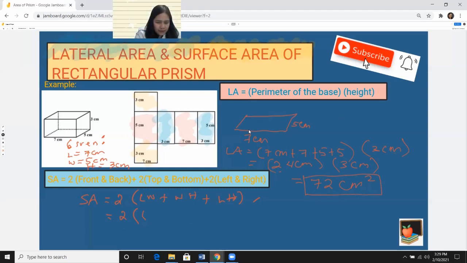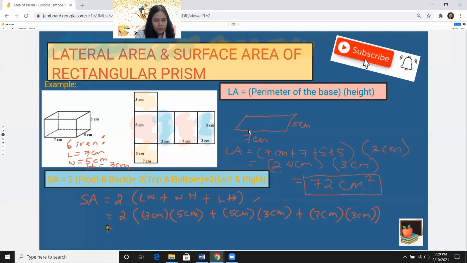So the length is 7 centimeters, times the width, which is 5 centimeters, plus the product of the width, 5 centimeters, and the height, 3 centimeters, plus the product of the length, 7 centimeters, and the height, 3 centimeters. There you go. So we can now simplify the equation.